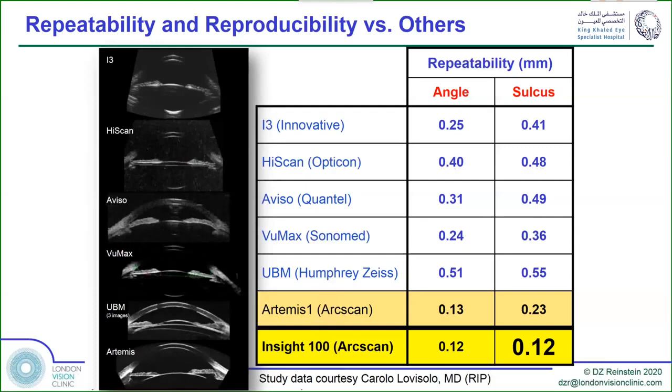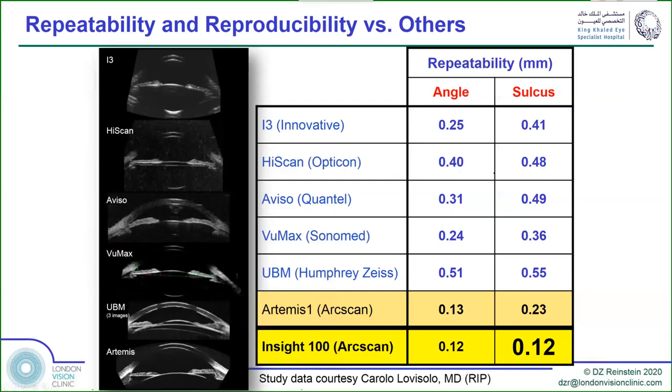Now, there is a way of explaining the discrepancy quite simply by saying, look, not all of the devices are the same. And Carlo did this study where he showed the repeatability of the sulcus measurements for all the different devices on the market. And as you can see, some of these devices had about a 0.4 or 0.5 millimeter standard deviation in terms of repeatability.